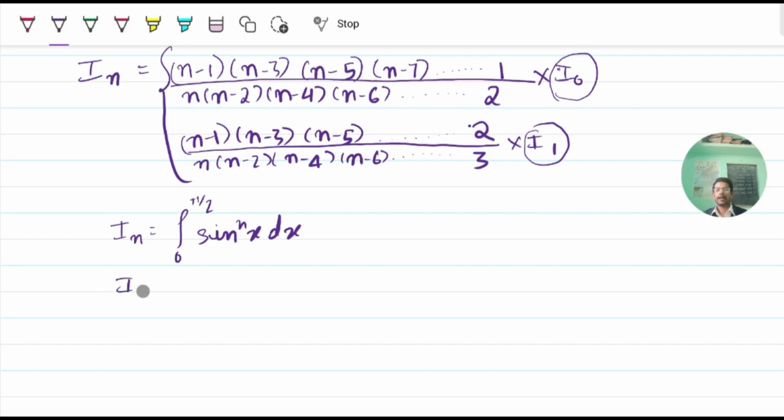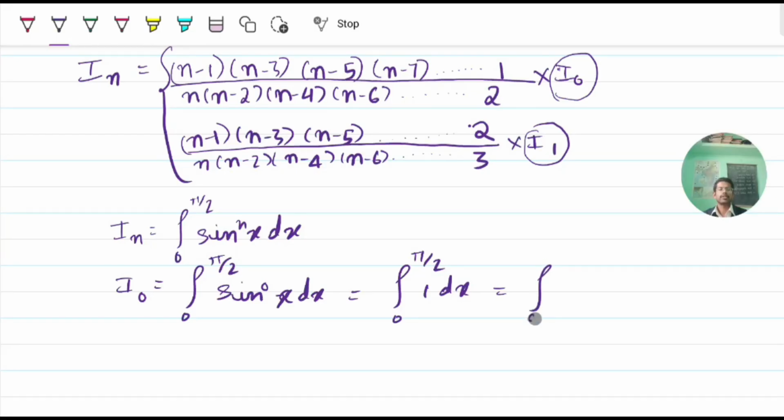Now for I0 we have integration 0 to pi by 2 sine power 0 x dx, which is equals to integration over 0 to pi by 2 of 1 dx. What is the integration of 1? Integration of 1 is x, the limits are 0 to pi by 2, that is we get pi by 2, right?